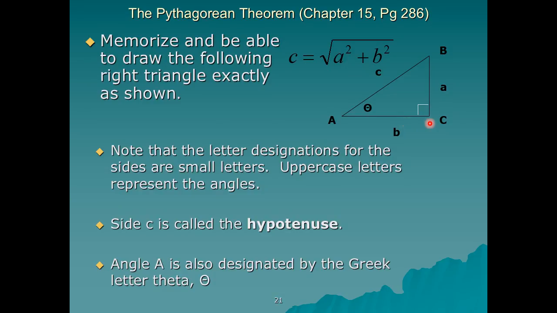Almost all the time, we will write capital C for the right angle, because this is a convention. For the other two angles, we will call one capital A and the other capital B.